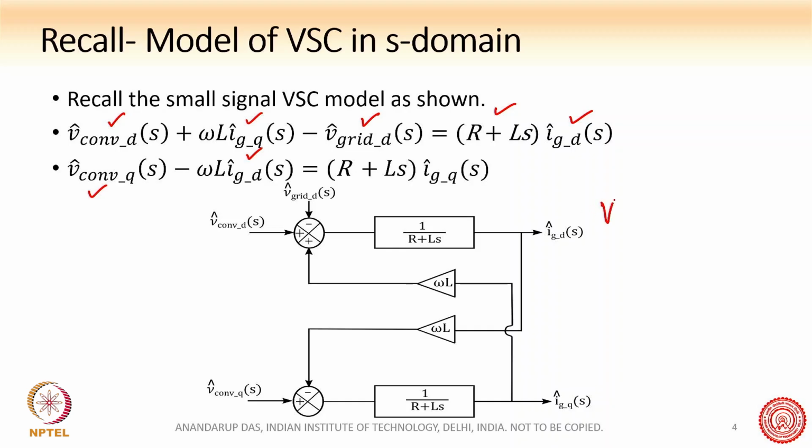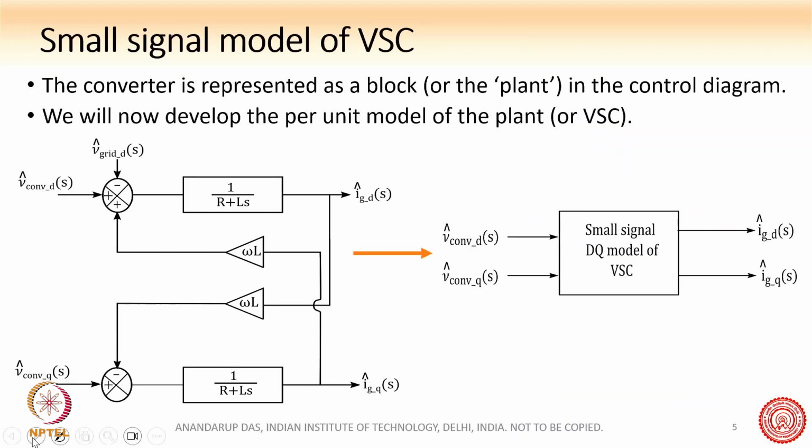So this is the VSC model that we had seen. As we have said, the converter can be represented as a block, or the plant, in the control diagram. This whole set of blocks becomes the small signal DQ model of the VSC.